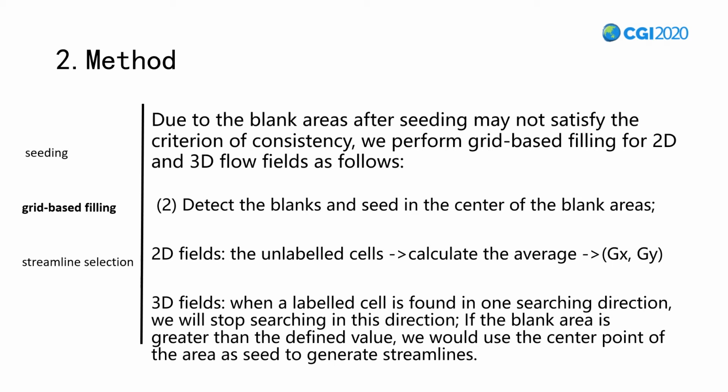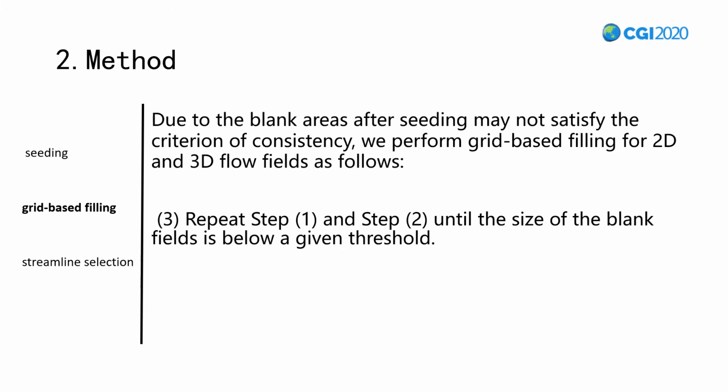It is not precise but good enough to fill blanks in a 3D flow field. In practice, the defined value is related to grid resolution and it is usually kept lower than 100. Finally, we would repeat step 1 and step 2 until the size of the blank fields is below a given threshold.